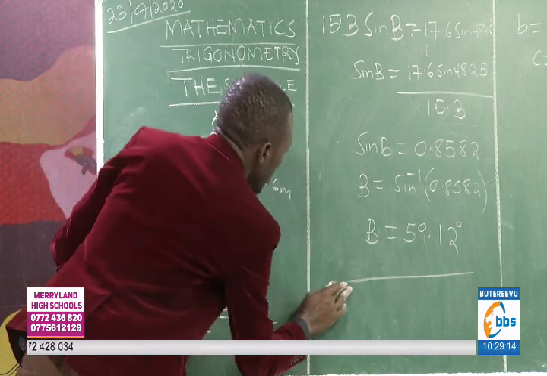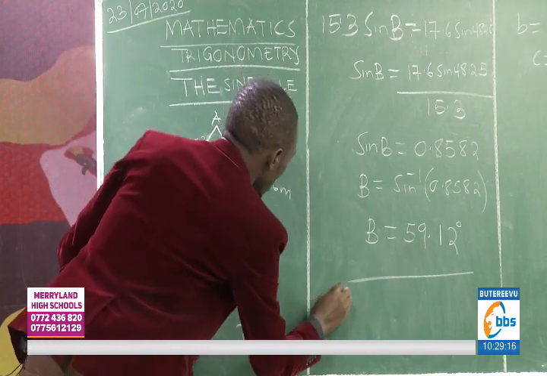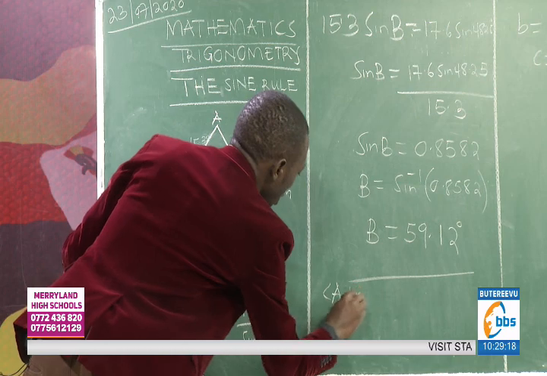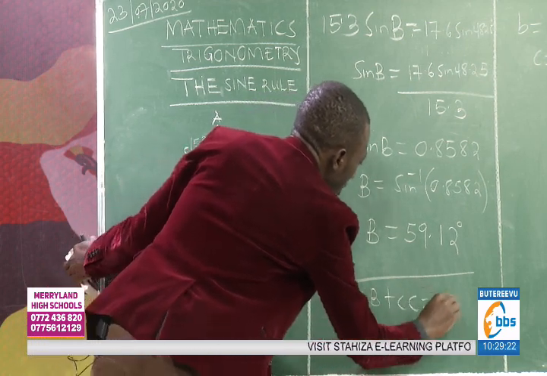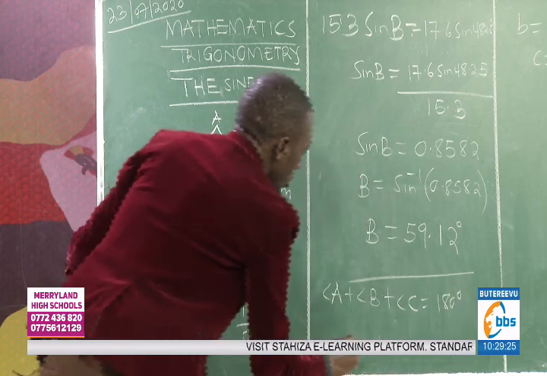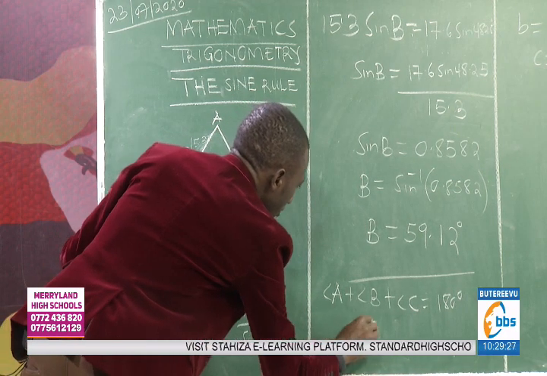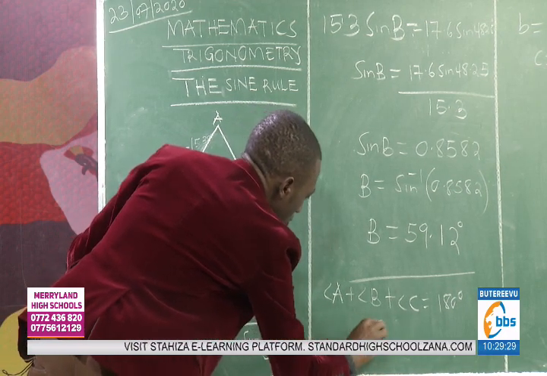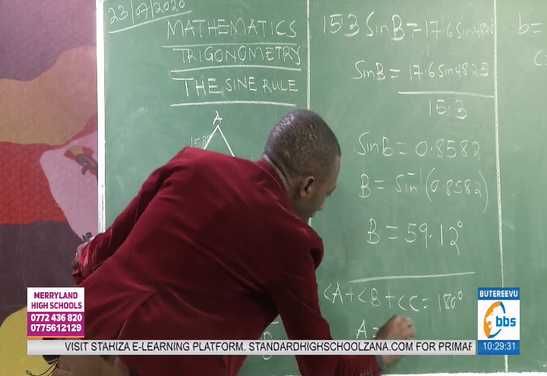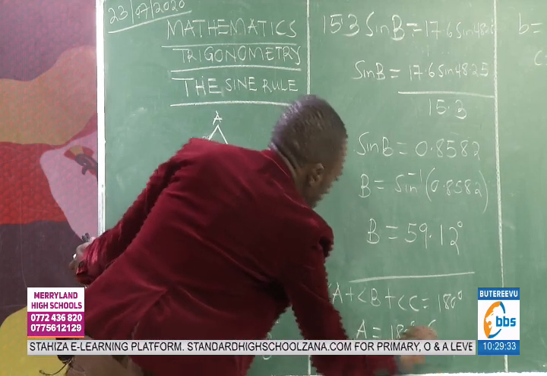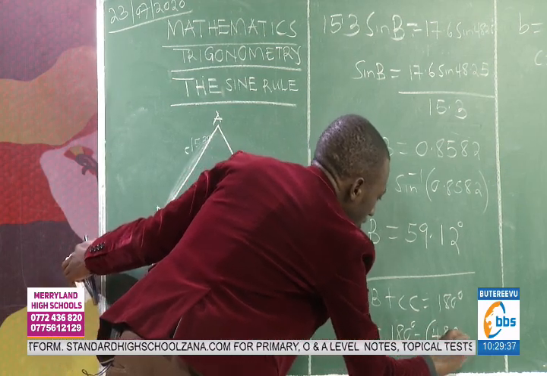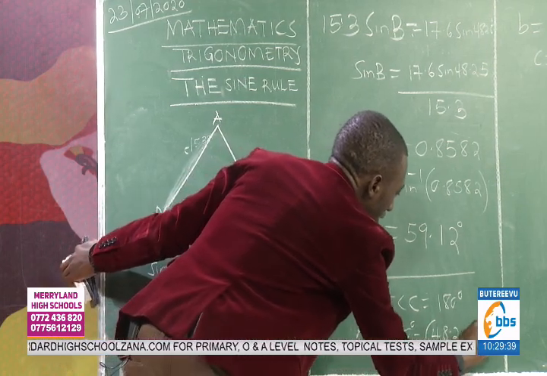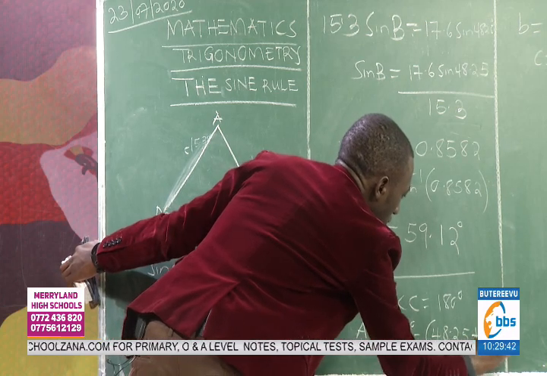So when I have here angle B as that, I know when I add angle A plus angle B plus angle C, since this is a triangle, I have to get 180 degrees. And that means my angle A here is going to be equal to 180 minus the sum of these two, which is 48.25 plus 59.12 degrees.